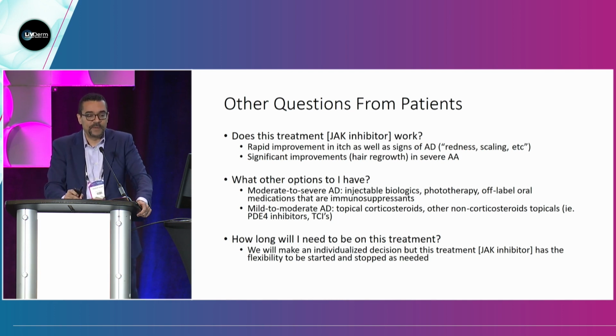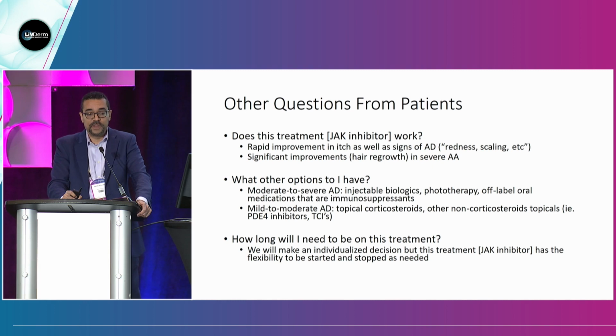Other questions that come up once we get over that big safety hurdle is, well, is this going to work? This is an easier question to answer because for the most part, especially when treating atopic dermatitis with our oral JAK inhibitors, the data we have show that it's quite likely our patient is going to see rapid improvement in itch.